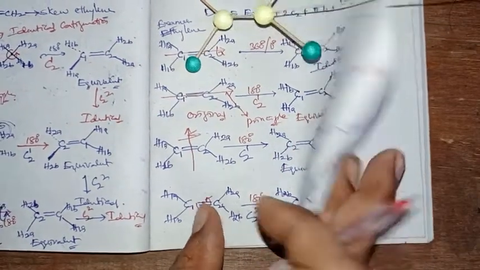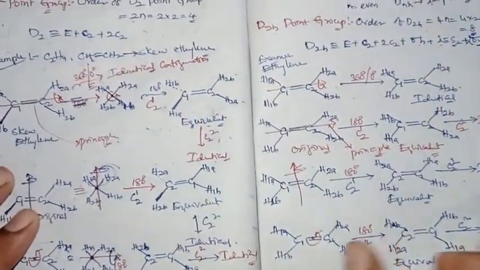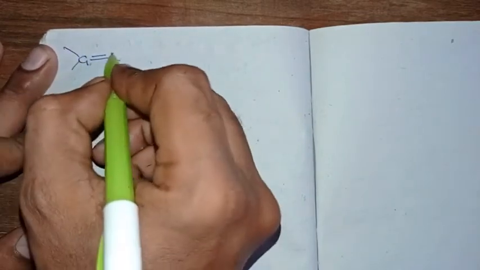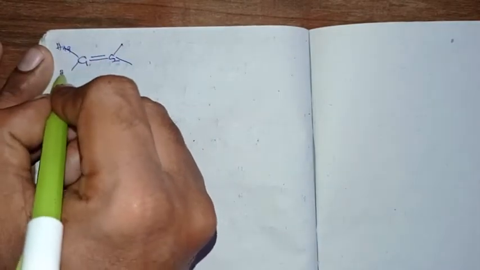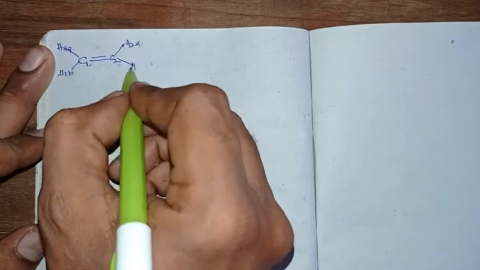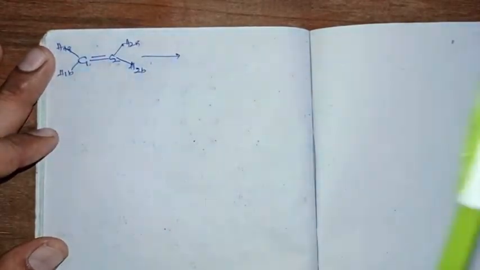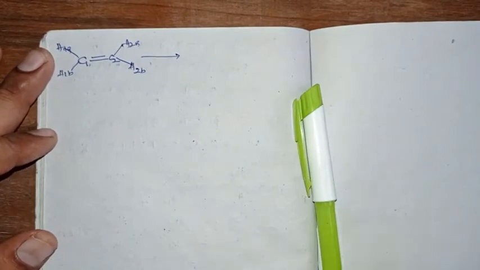So now coming to planes in the ethylene molecule. When we want to observe planes in the ethylene molecule, as it is a planar molecule, we can pass a plane through all the atoms, right?